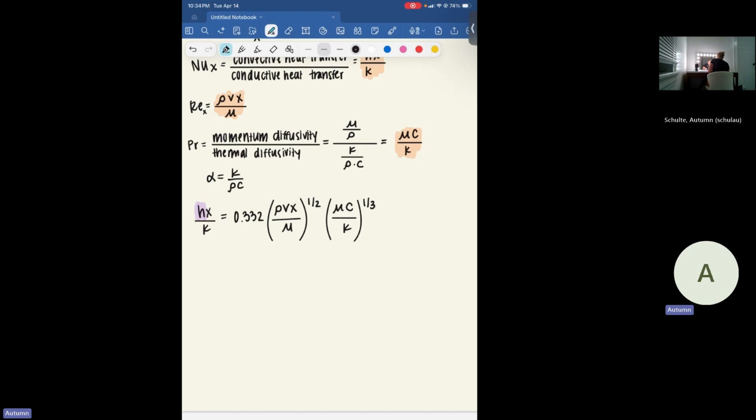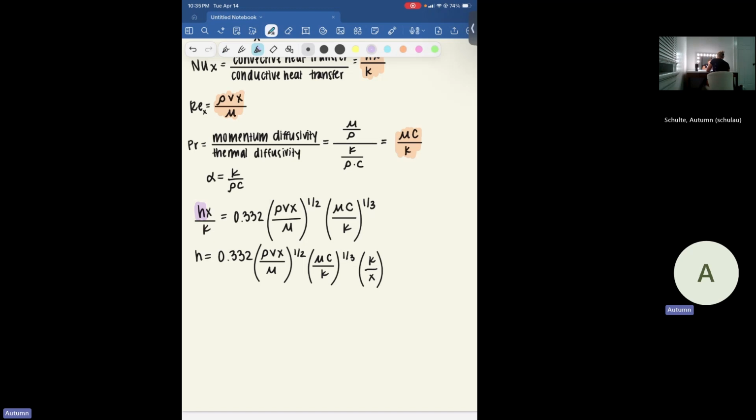So working this out, let's solve for H. So H is going to be equal to 0.332 multiplied by the Reynolds number, rho Vx, divided by mu to the 1/2, multiplied by mu C over k to the 1/3. And this is going to be multiplied by our thermal conductivity K divided by our length X, if we move our terms to the other side.